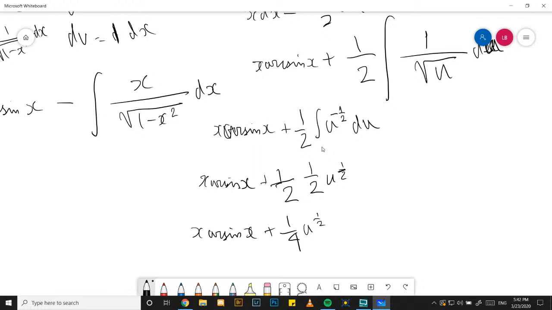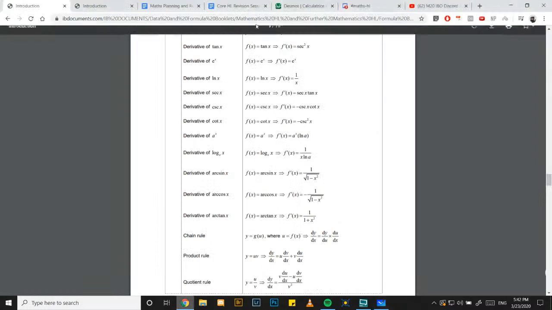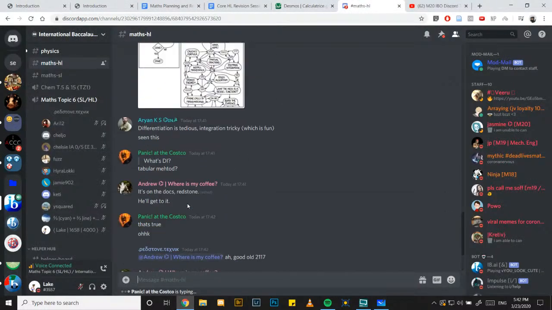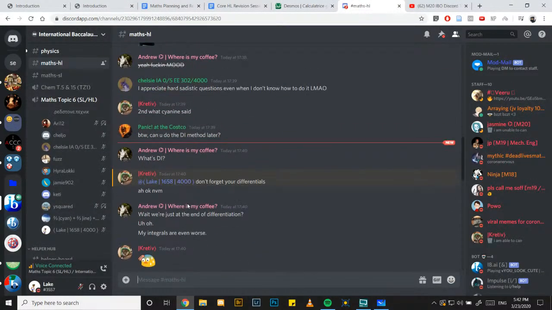And we know u is 1 minus x squared, so it's the square root of 1 minus x squared. So there, I did integration by parts, and we also did integration by substitution. Anything else here? What else is happening here?